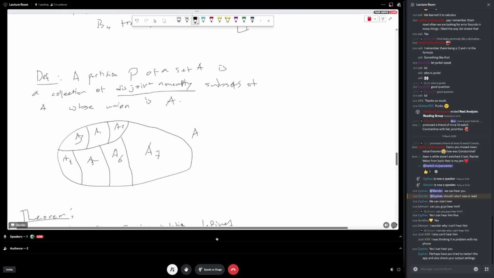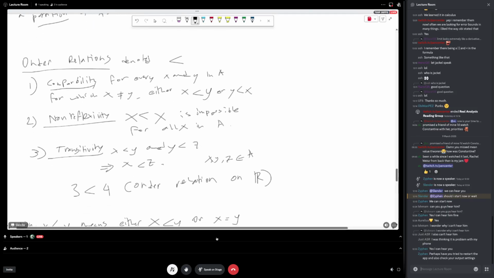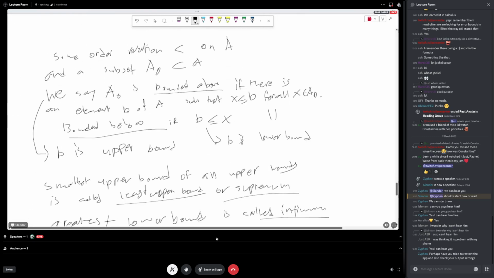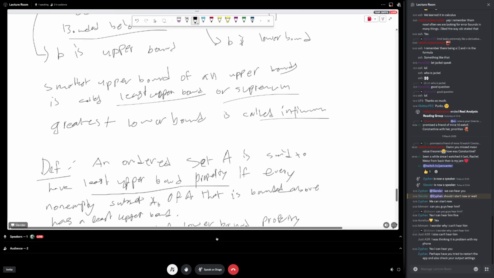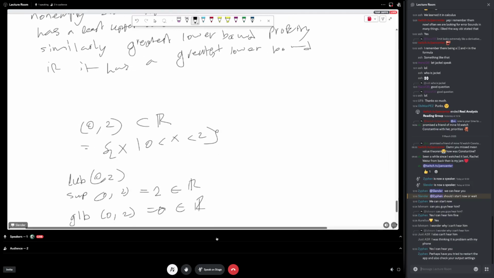We covered the partition, and a theorem stating that the set of all equivalence classes and the partitions are the same thing, order relations, and then bounded above, bounded below, the least upper bound, supremum, infimum, and ordered sets having the least upper bound property and greatest lower bound property. And I think that's it for today.